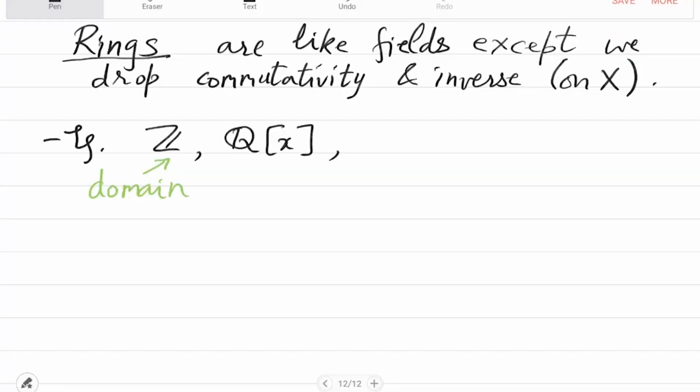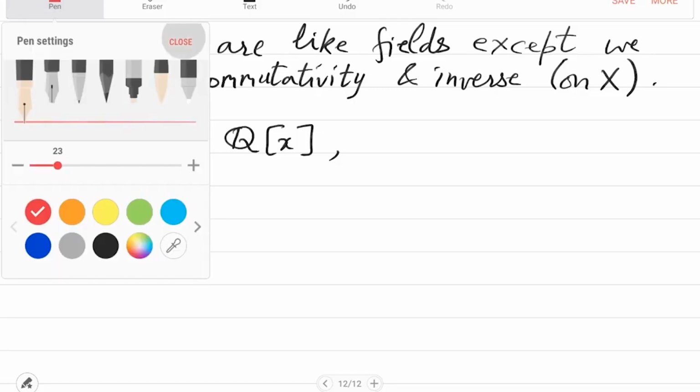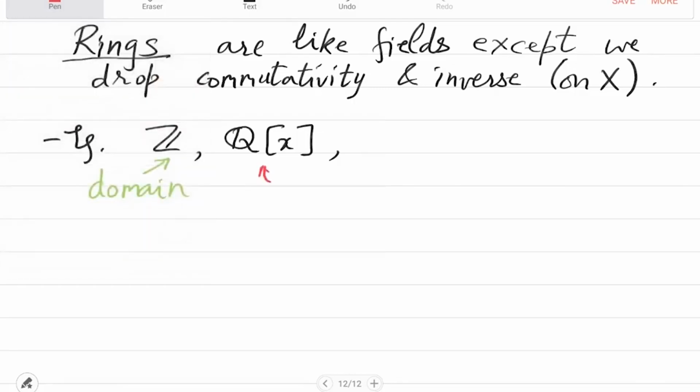Inverse is tricky because even x you won't be able to invert. The symbol x doesn't have an inverse, right? So it's only the inverse which is a problem. This object is called a polynomial ring. And there are fancier rings like the ring of quaternions.